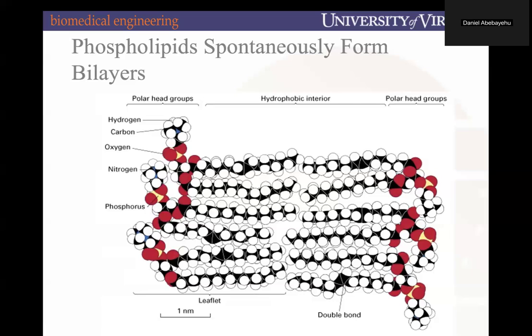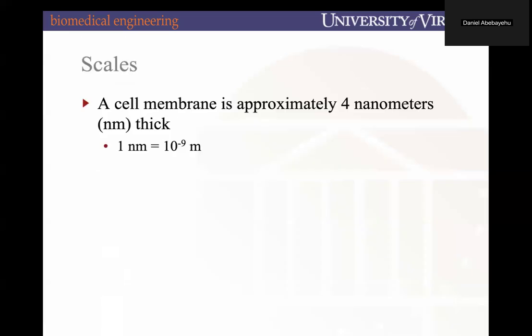All right. So when we talk about the cell membrane and cells in general, it's really helpful to talk about the scale of these things. Biology happens in 3D space, so it's helpful to think about these things and know their scale, so you can sometimes envision or picture these things happening. The cell membrane is only about 4 nanometers thick. 1 nanometer is 10 to the negative 9 meters.